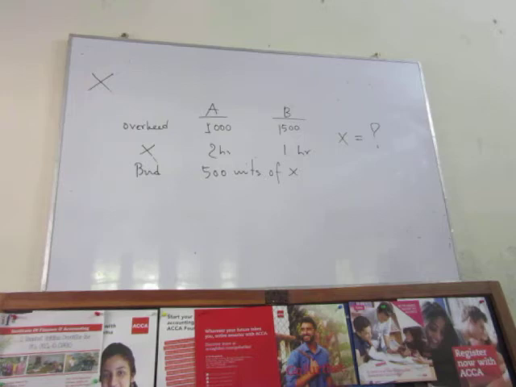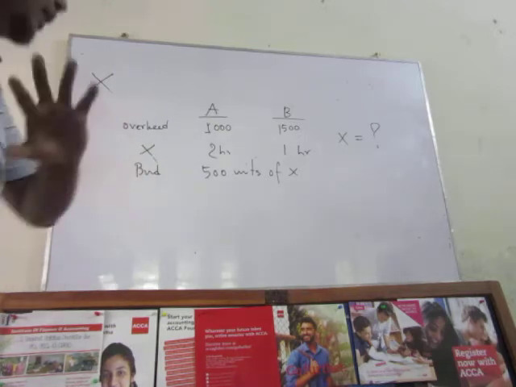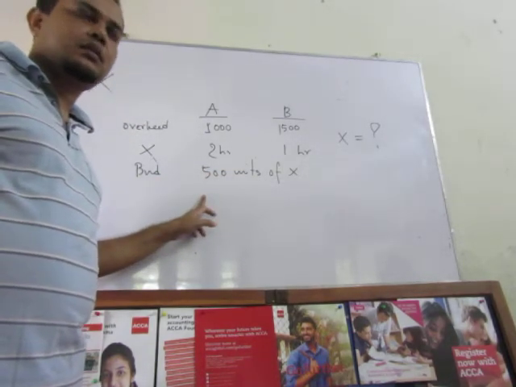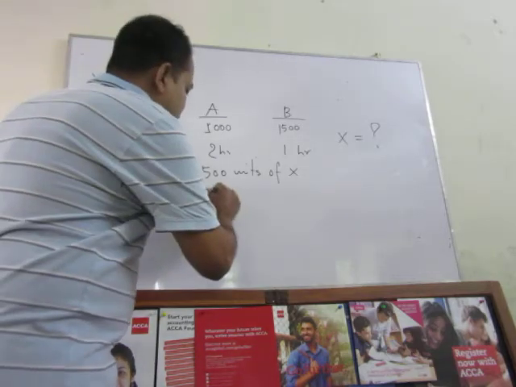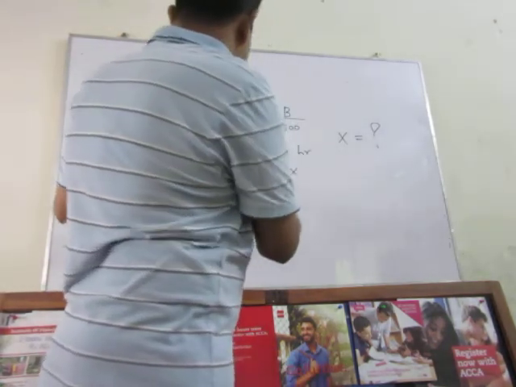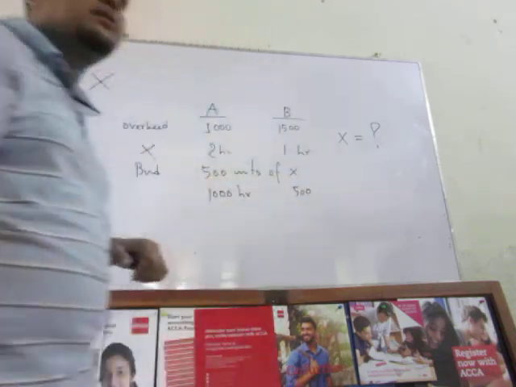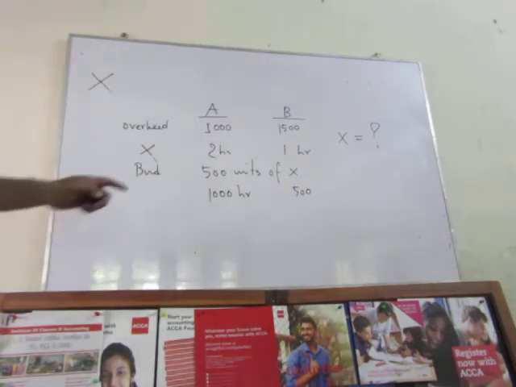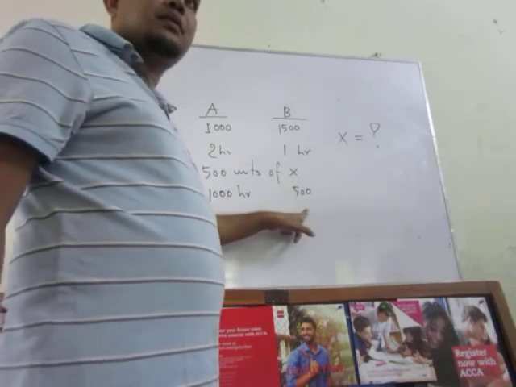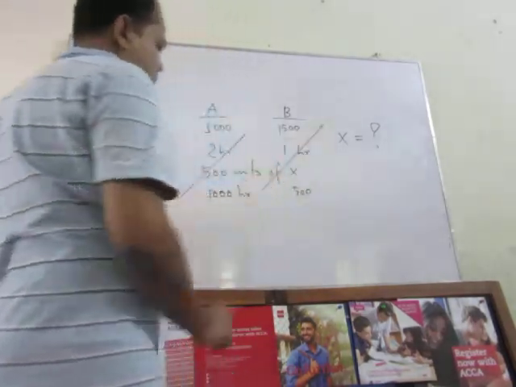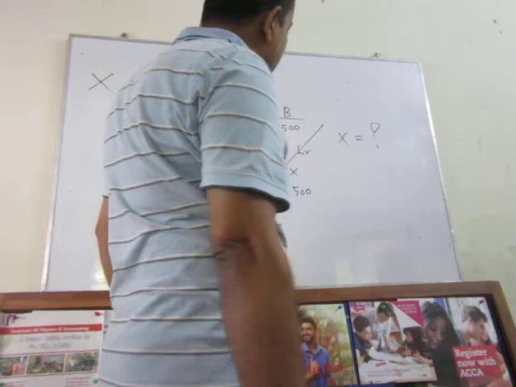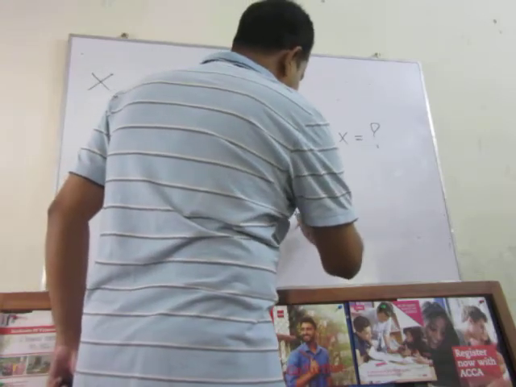Nothing else. We have to find out where first. Now if we want to find out where, we are expecting to produce 500 of X. This department requires 1,000 hours and this department requires how much? 500 hours, right? 2 hours each, so to produce 500 units this department needs 1,000 hours and the other needs 500 hours. Divide. $1 per hour and here 1,500 divided by 500, $3 per hour.